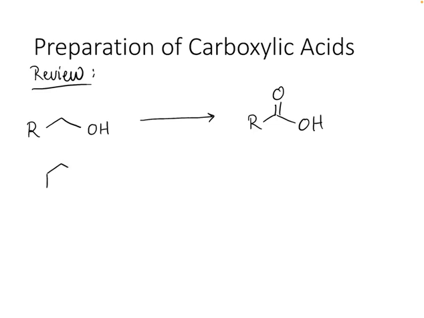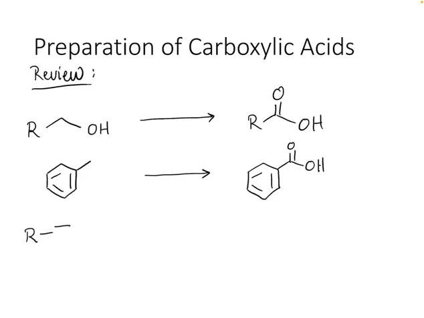Another method involves toluene, or at least something with a benzylic carbon. So remember, a benzylic carbon is one carbon away from a benzene ring. And that can form a carboxylic acid.